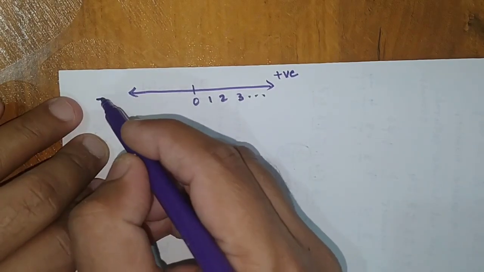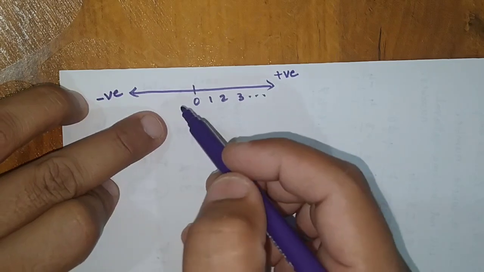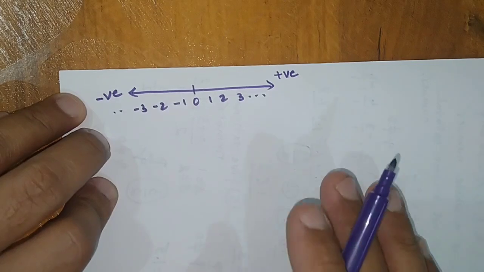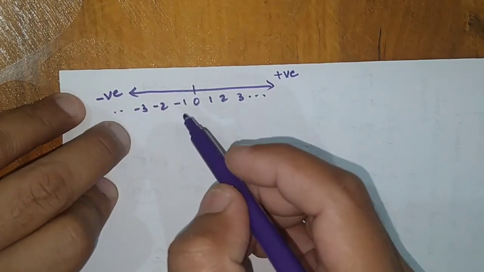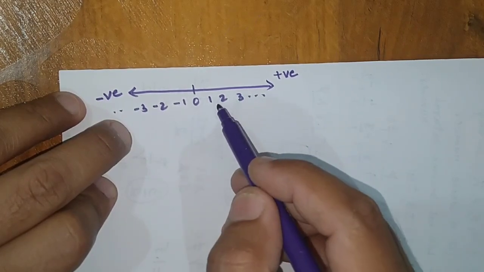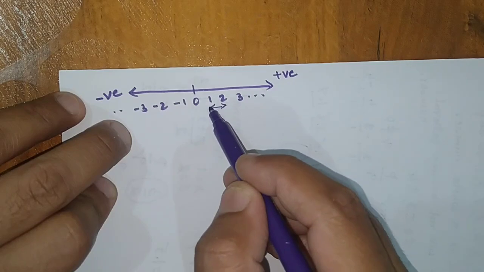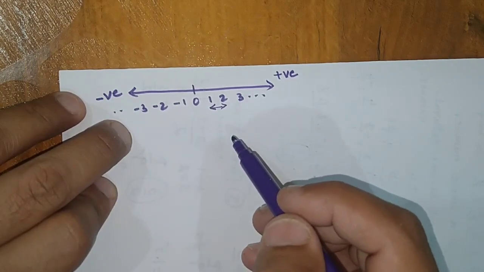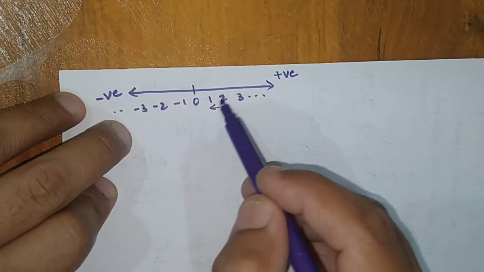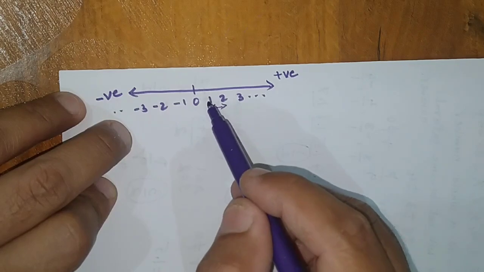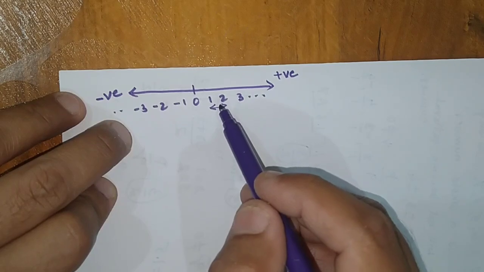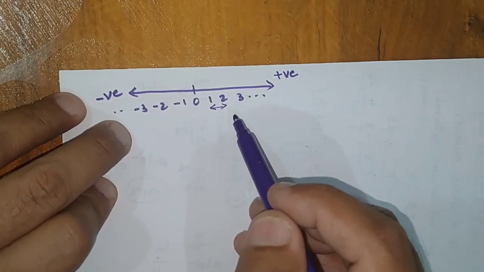In the negative direction you will go with -1, -2, -3. But now gaps: if you take any two numbers, such as 1 and 2, between 1 and 2 there is a gap. In this gap you will find again many more numbers.